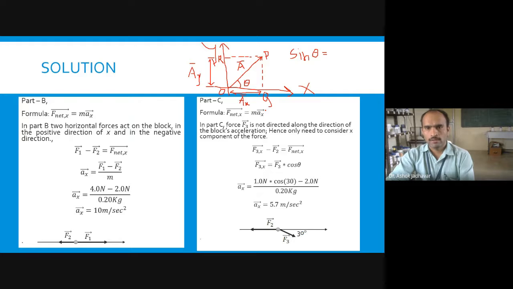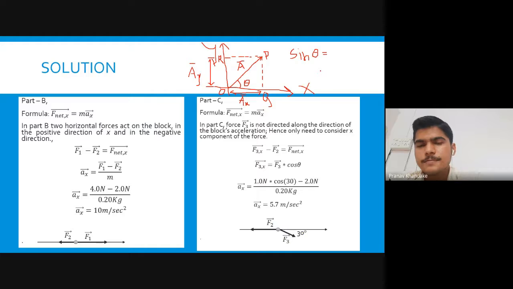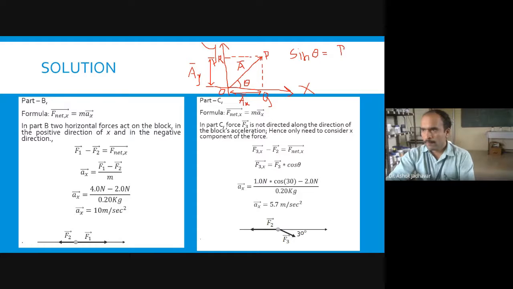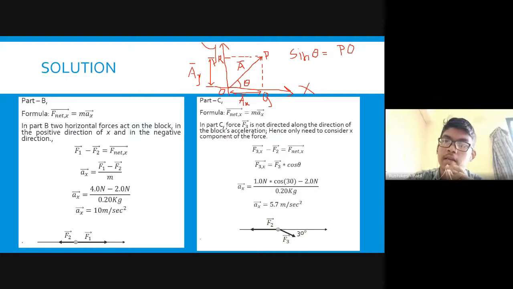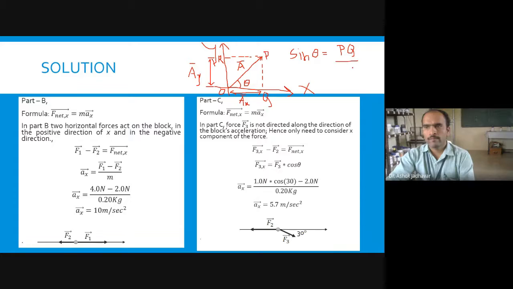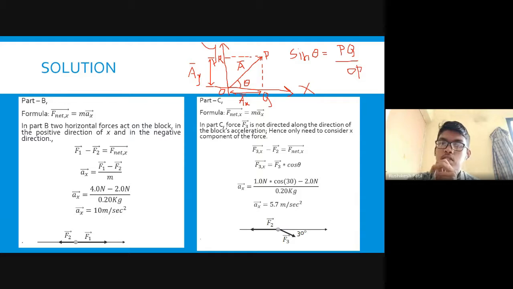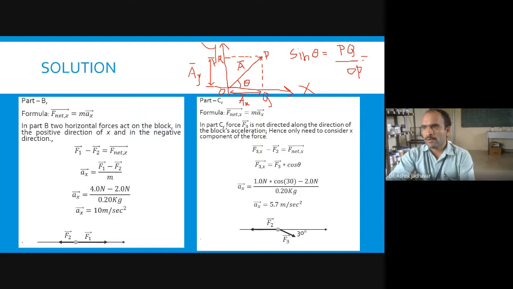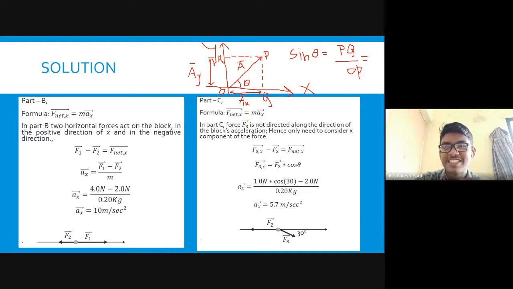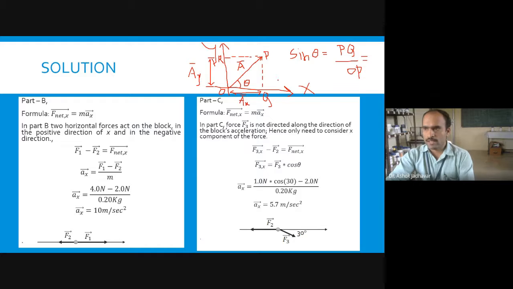Sine of theta is opposite side upon hypotenuse, so PQ divided by OP. The value of PQ is here, and this PQ is nothing but the AY. Am I correct?